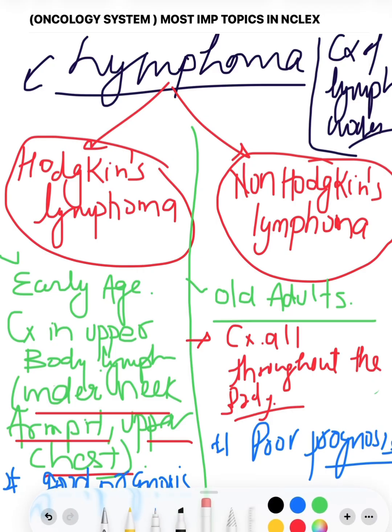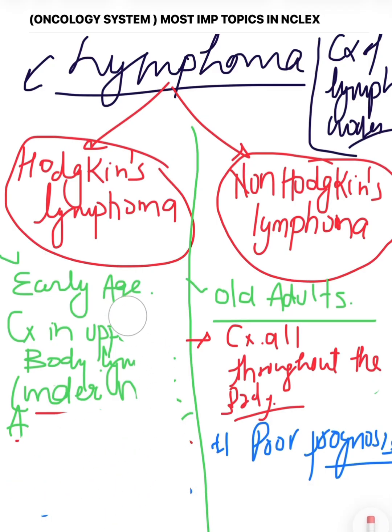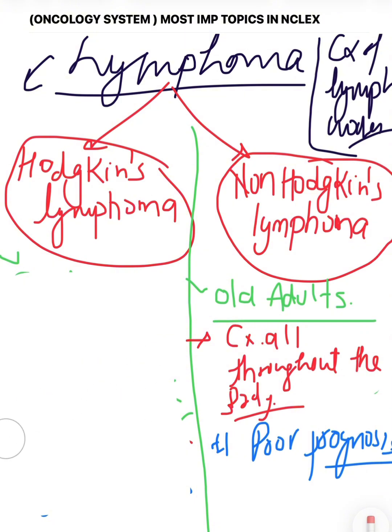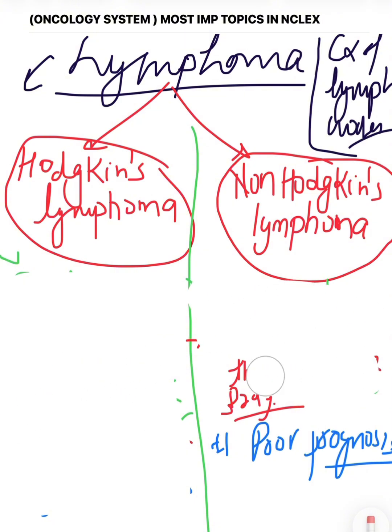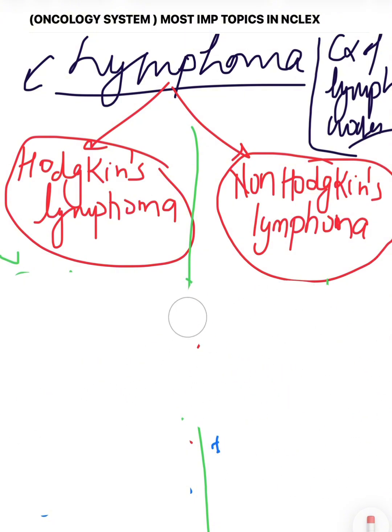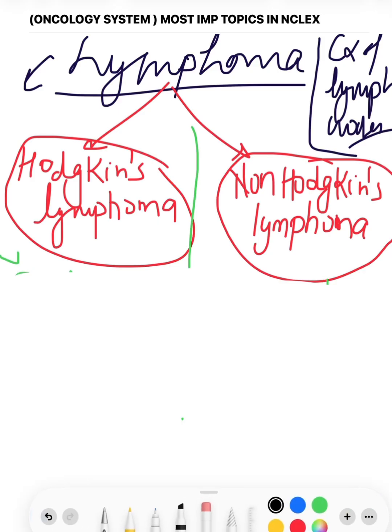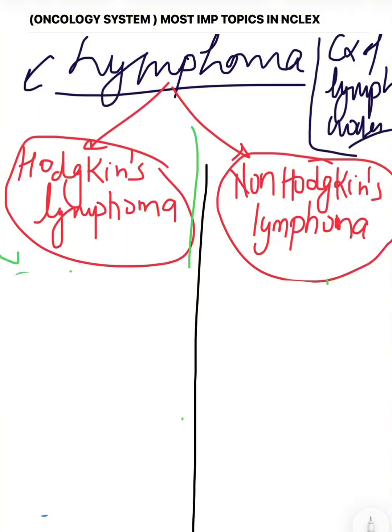But some more points are more important for NCLEX, so mark them with a star. In Hodgkin lymphoma, Reed-Sternberg cells are present.